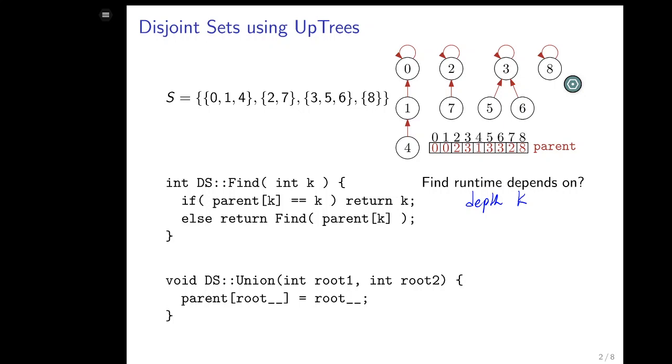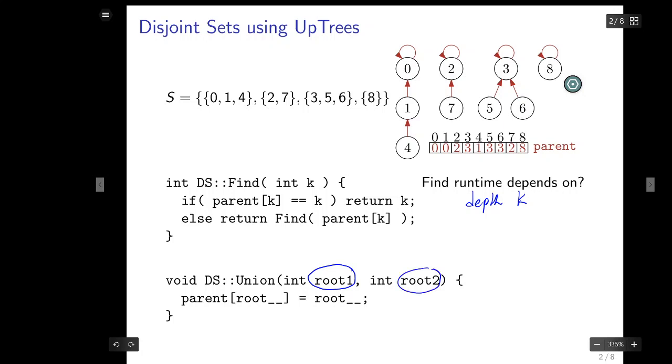But then there's another operation, the union operation, where you take two roots of two trees, or take two elements, and union their sets together. So two sets become one set. Now, I've written this as if the inputs were roots, and I feel a little guilty about this.